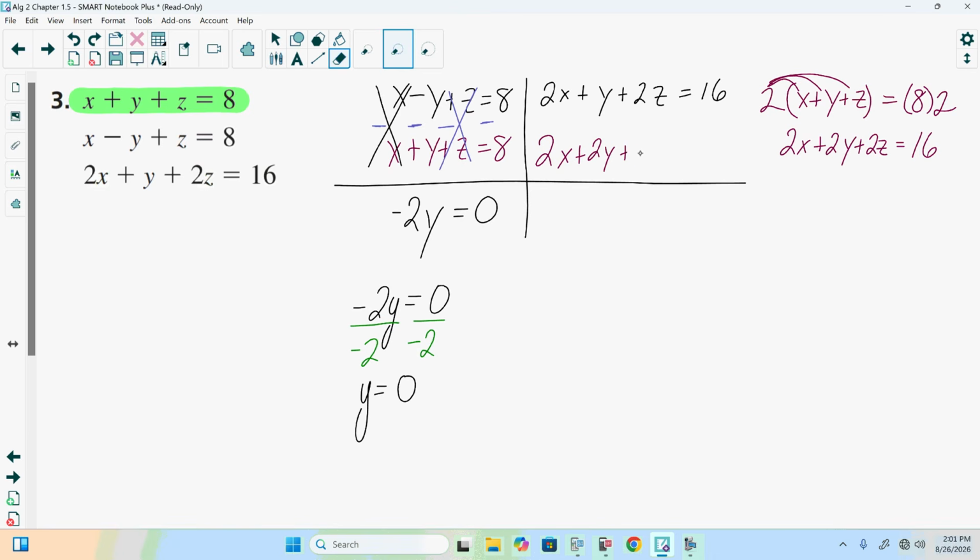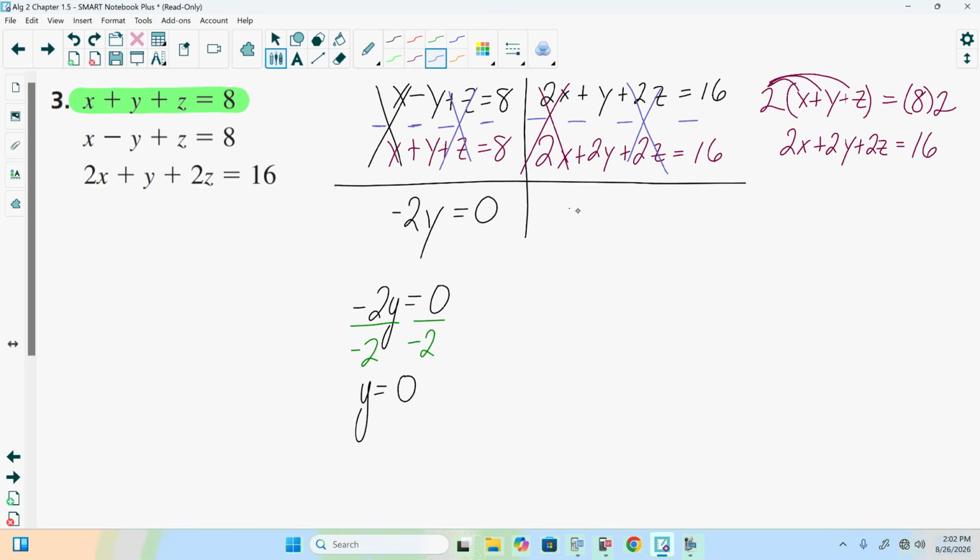This is going to do something interesting. Add or subtract? Because 2z minus 2z is indeed 0. Let's go through the rest of them. 2x minus 2x, 0.